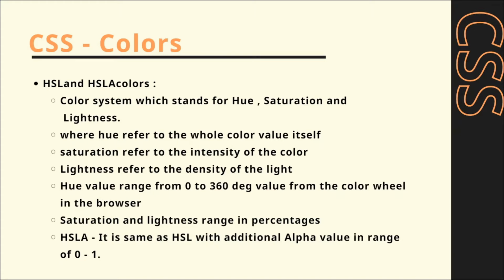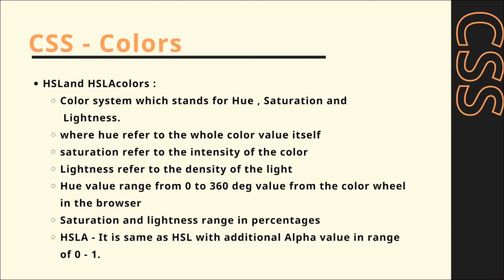Let's check out the next topic, which is similar to RGB and RGBA. It is HSL and HSLA. This color system stands for hue, saturation, and lightness, where hue refers to the whole color itself, saturation refers to the intensity of the color, and lightness refers to the density of the color.